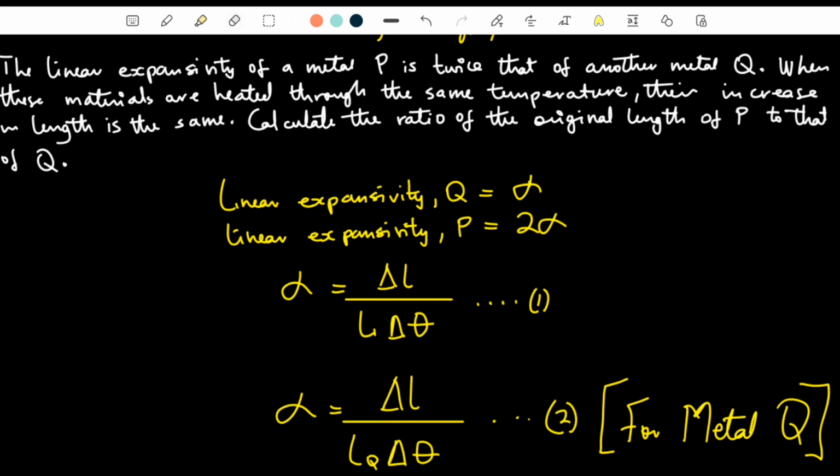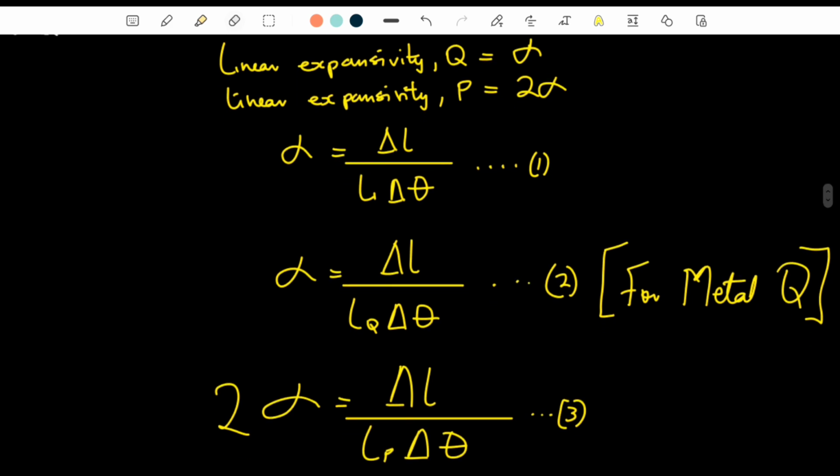Now we're going to fine tune this equation for Q, and then for metal P. Fine tuning it for metal Q, we've replaced this original length with LQ. We're not touching this because the question says the increase in length is the same for both metals. We're not touching these as well. This is the only thing changing.